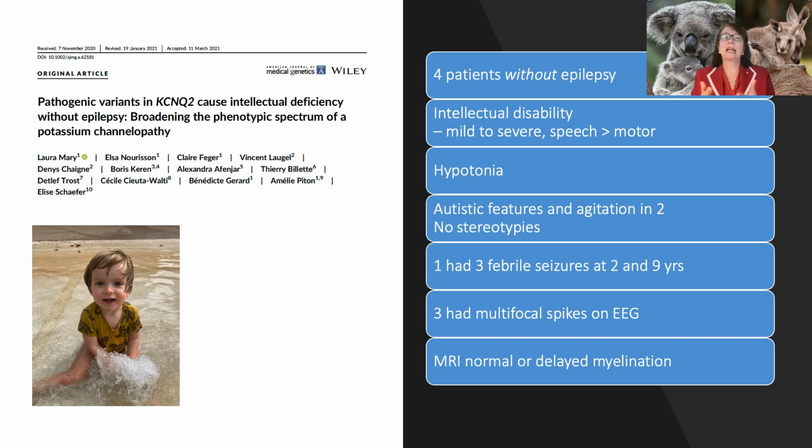And delayed myelination is very non-specific. It's something we see in many children with developmental delay or intellectual disability, that the myelination of the brain, which is where the white matter has a coating of myelin put on it that helps conduction within the brain, that is often abnormal in children with developmental delay.